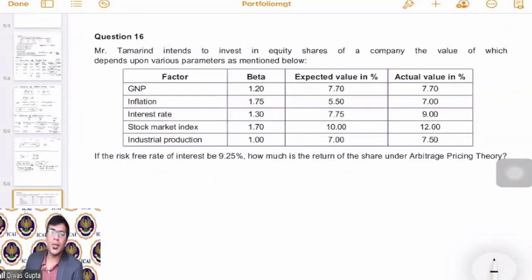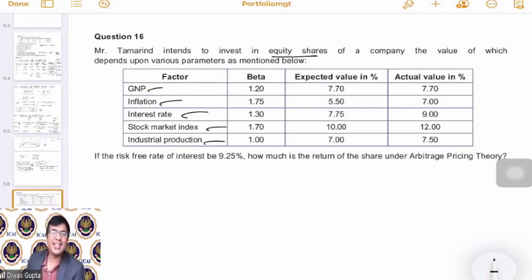Okay. So coming to question number 16, it is a very good question on arbitrage pricing theory. This will clear a lot of doubts that you may have. It says that Mr. Tamarind intends to invest in equity shares of a company, the value of which depends upon the parameters mentioned below: GNP, inflation, interest rate, stock market, and industrial production.